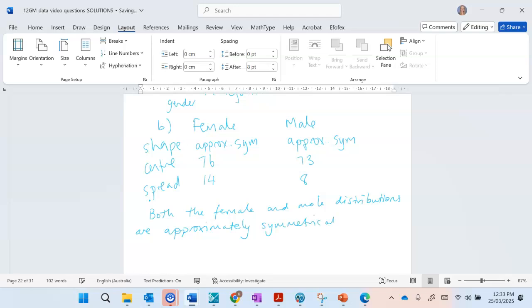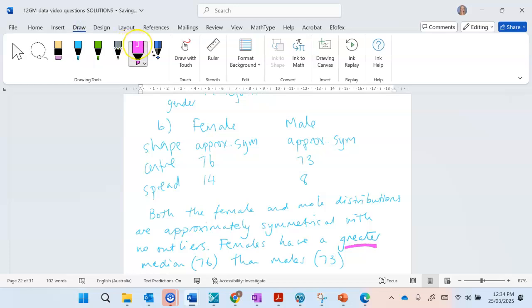I probably should have written that before, with no outliers. Females have a greater median. Remember, we have to state what that is. Then males. All right, remember we've got to make that comparison. So I did make that comparison by using the word greater.